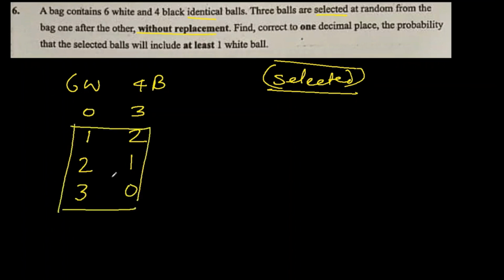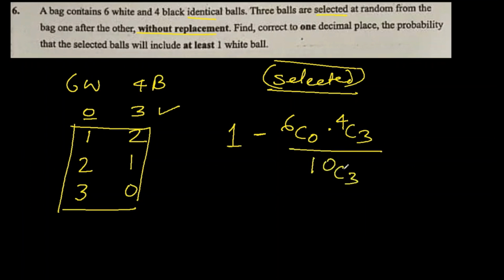And since we are talking about probability here, we can find only this one and subtract from 1. So we can say that 1 minus the probability that no white ball is selected out of 6, and all 3 balls are black, 4 C3, out of total selections, which will be 10 C3. There are 10 balls, 6 plus 4, 10.